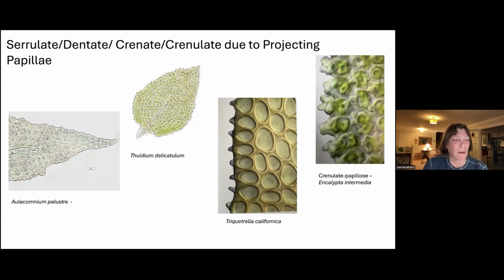You have Oncophorus palustris. You could still describe these as serrate, dentate, whatever. But it could make a difference depending on how the key is worded, about whether those things that are jutting out are the result of papillae or are they really teeth? And they may well have both. I think maybe Rhizomnium delicatulum has got both.